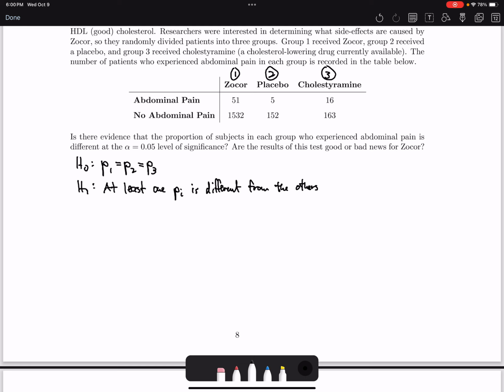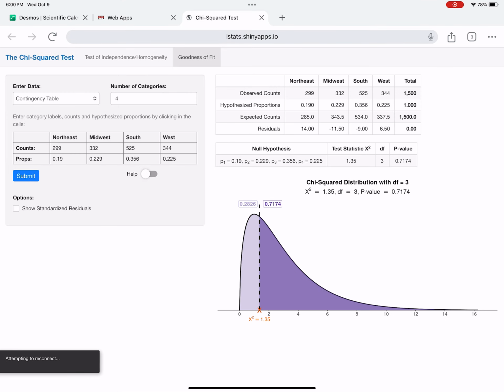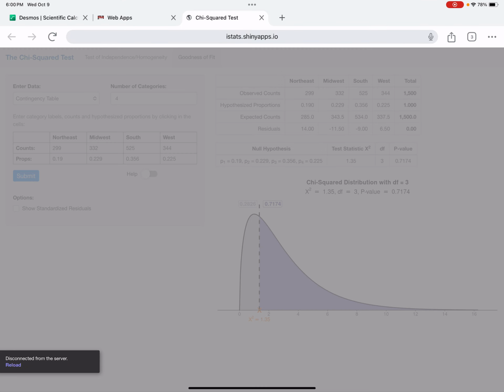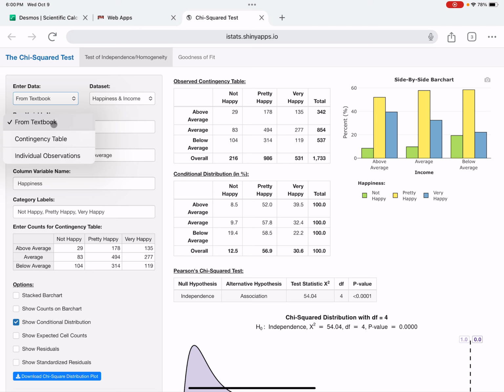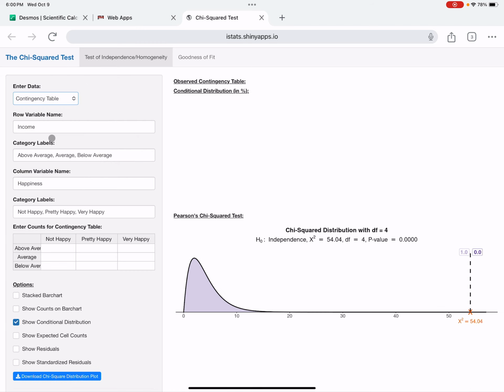And to get our p-value, we'll go to Art of Stat. Let's see what we need to enter into Art of Stat in order to run a homogeneity of proportions test. Once again, I'm not going to get data from the textbook. I want to do a contingency table.